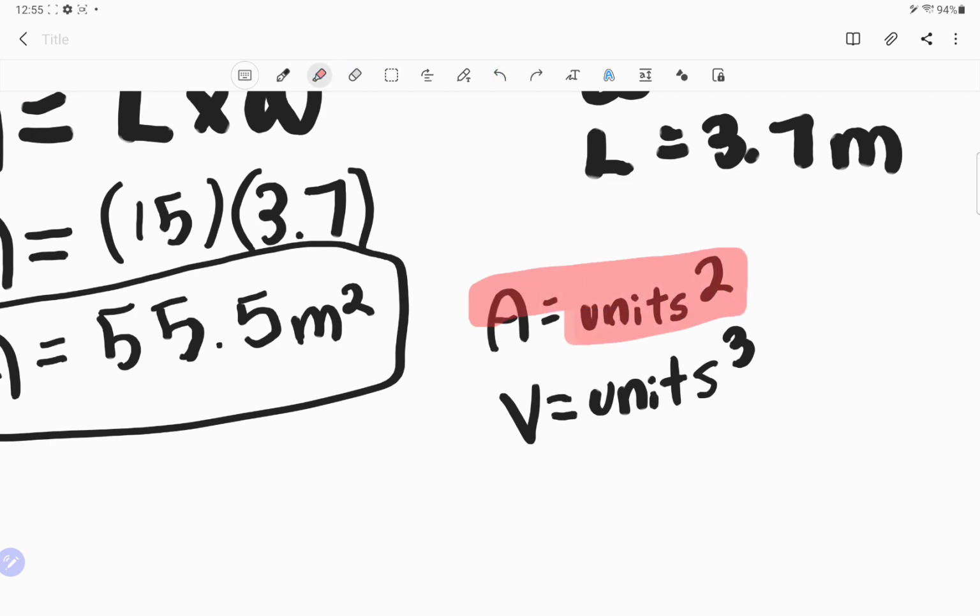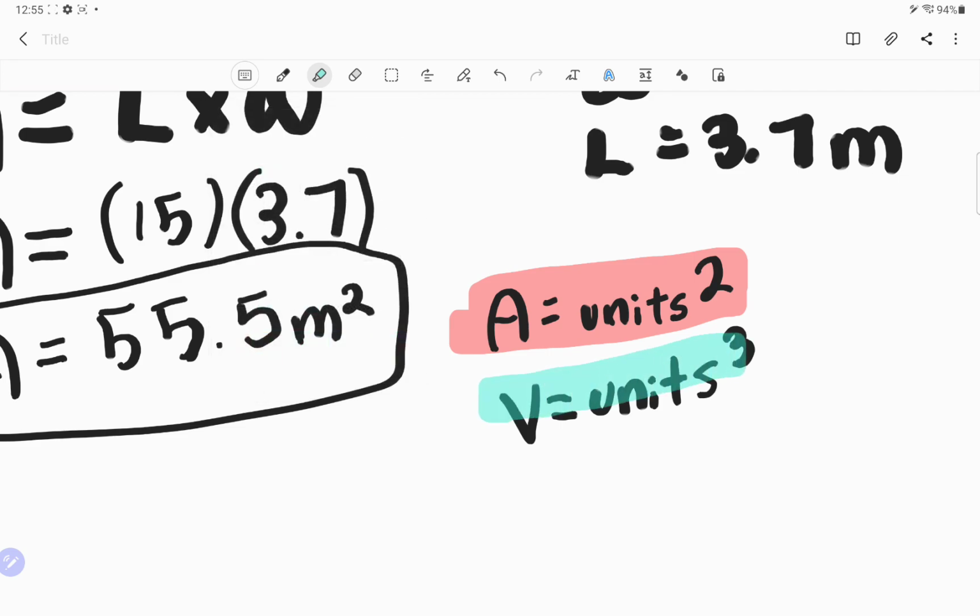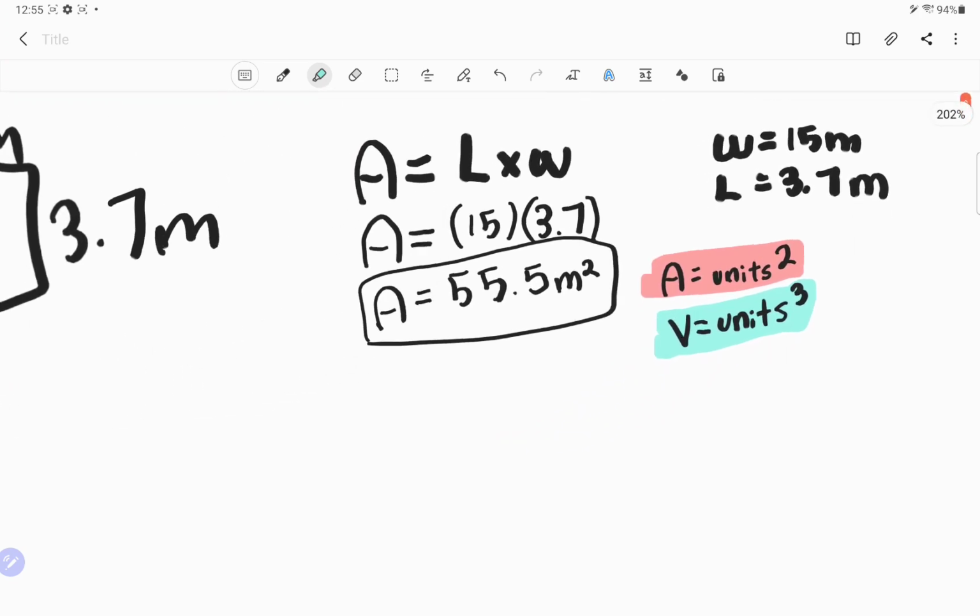Area is going to have that unit, and volume is going to have this unit. There we go, there are the 2 units that you're going to see a lot. Whenever you solve for A, put units squared. Whenever you see V, you're going to put units cubed.